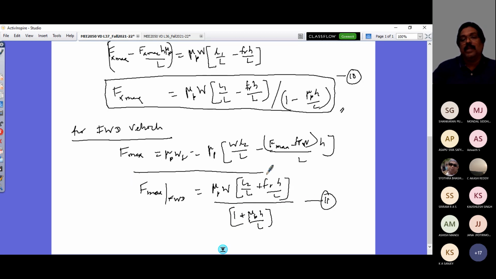So this is the expression of maximum tractive effort that can be developed in the front axle for a front wheel driven vehicle.